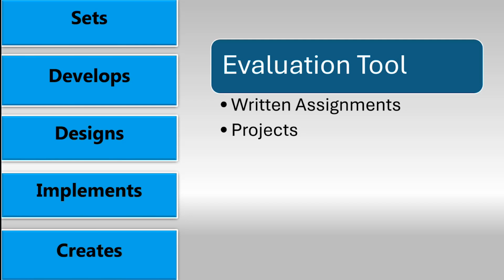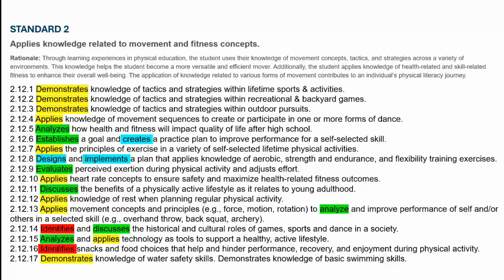But my projects spanned a certain amount of time, and I knew that when I look at some of the blue verbs, like creates or designs and implements a plan that applies knowledge of aerobic strength and endurance and flexibility, they need multiple opportunities to design. So when they implement and it doesn't quite work out the way they want to, I just teach them, go back to the drawing board and let's do it again. And so eventually they'll give me a final product that allows them to meet this objective.